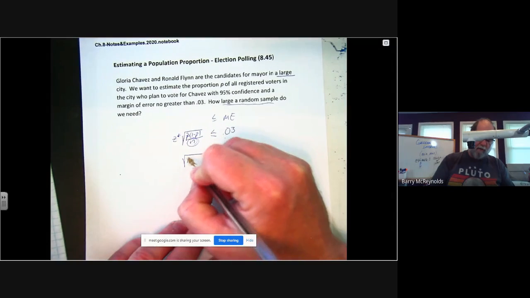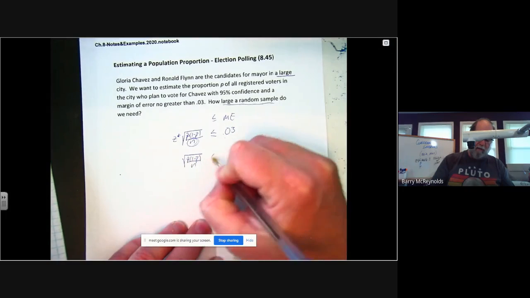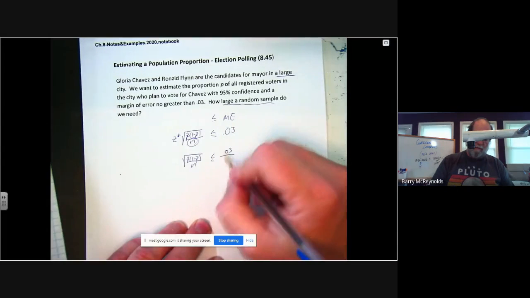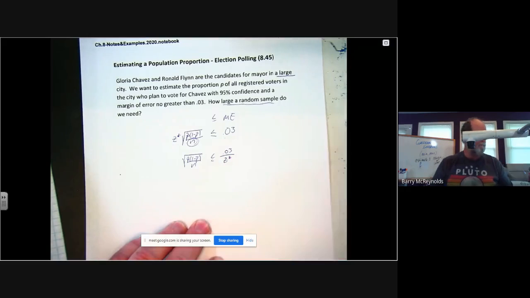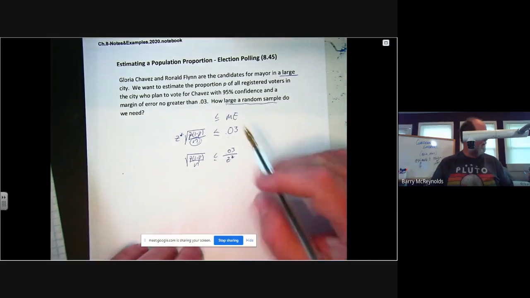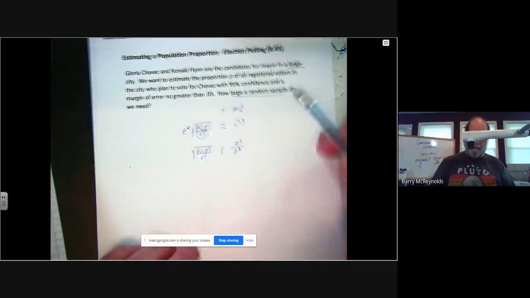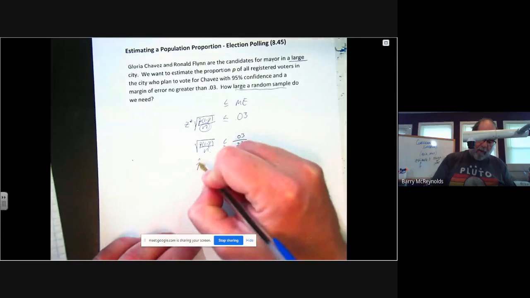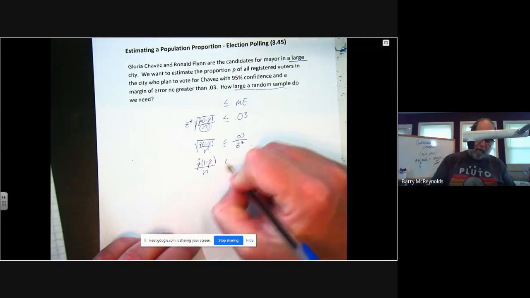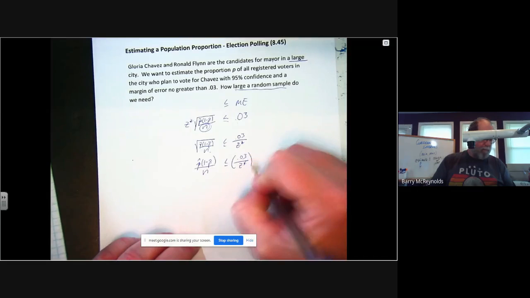So I'll get the square root of p hat times 1 minus p hat over n is less than or equal to 0.03 over z star. To get rid of this radical here, I'm going to square both sides. So when I do that, I get p hat times 1 minus p hat all over n is less than or equal to this guy squared.